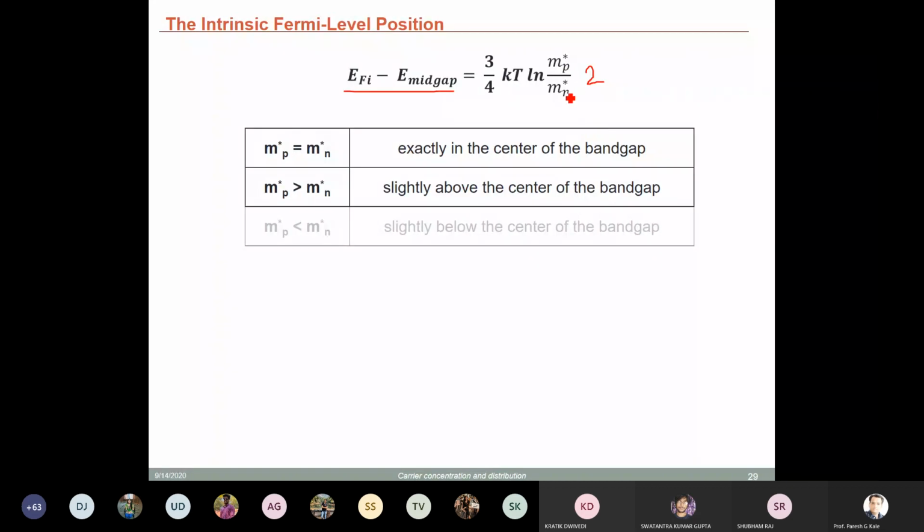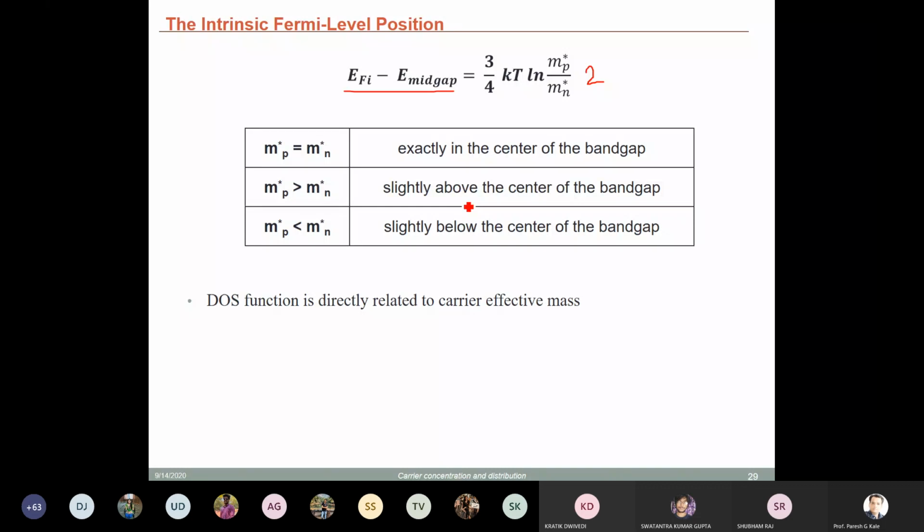If Mp is larger than Mn, the EFI will be towards the conduction band, that is above the center of the band gap. The center of the band gap is kind of a fictitious reference for us. And if Mn is greater than Mp, it will be lower than that.